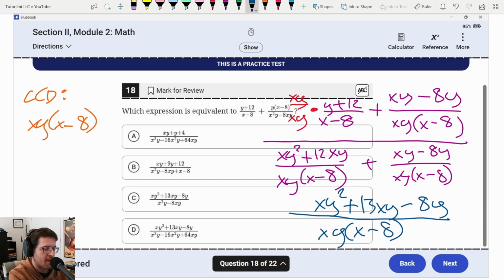Let's see, that is looking a lot like choice C or D. I think choice A or B is definitely out. Let me expand the xy times x minus 8. Well, that's what we had at the beginning. X squared y minus 8xy. So I believe it is choice C. You could also guess and check this on Desmos. So let's go do that.